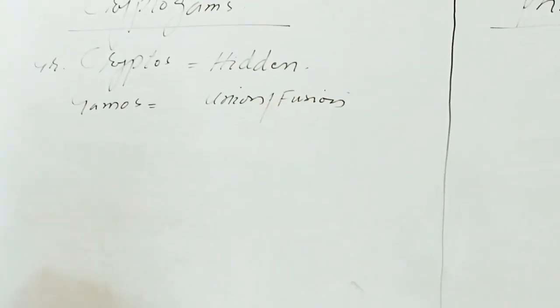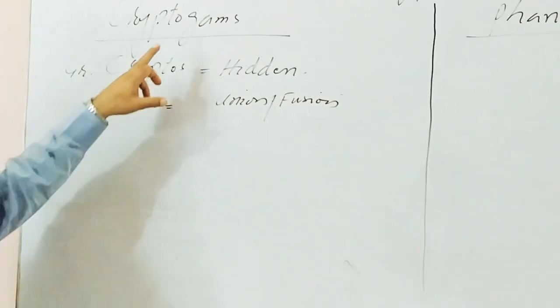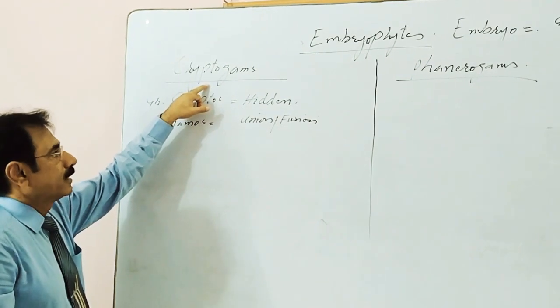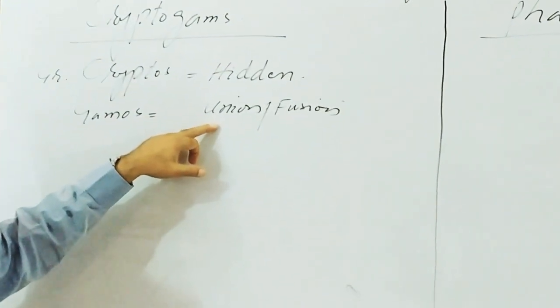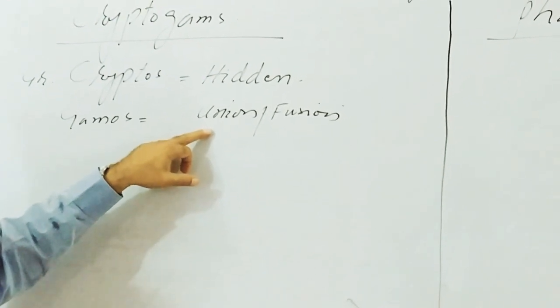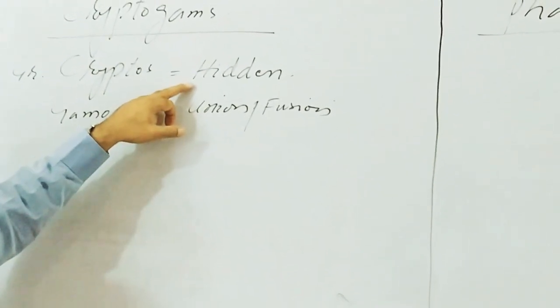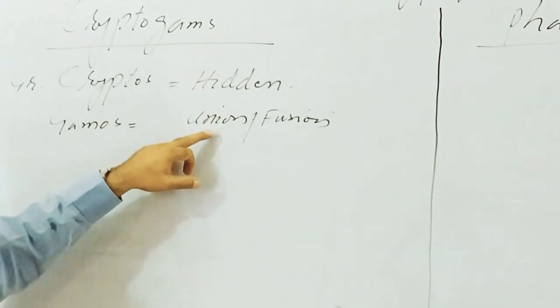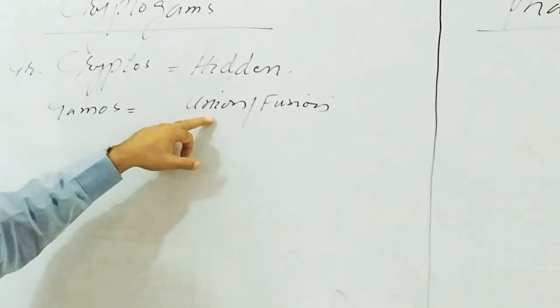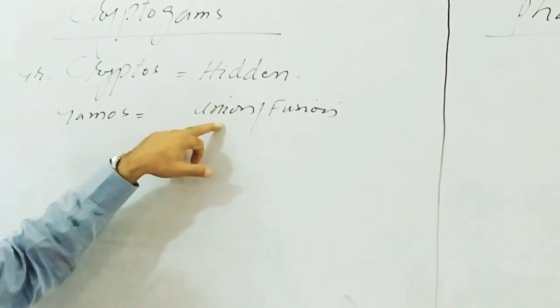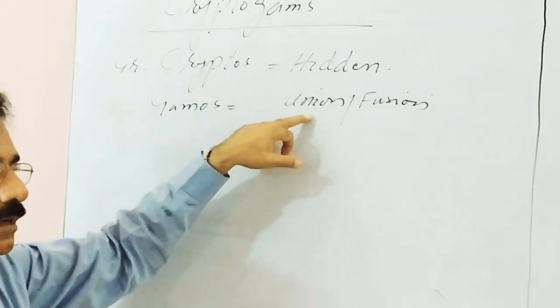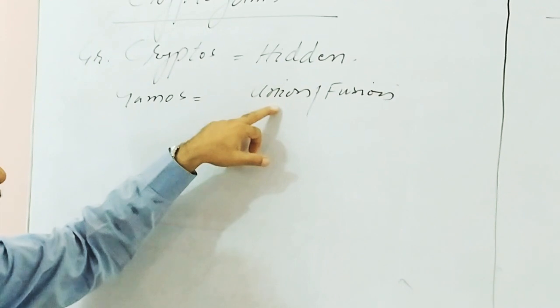The cryptogams are a group of plants in which the union of reproductive cells, that is the gametes, is hidden, because they have organs which are not visible.